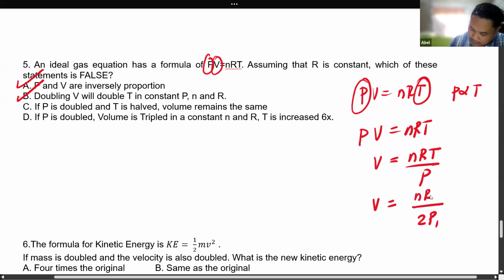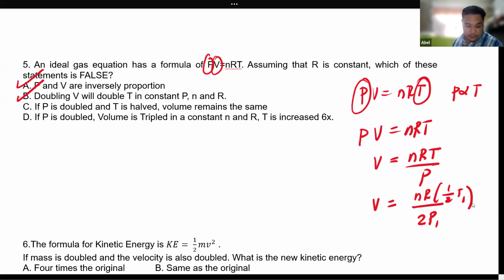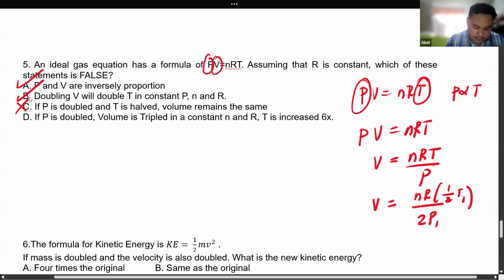So nR and then 1/2 of T1. Now, what is going to happen? The volume remains the same? So no, it's wrong, right? Because the volume is going to be 1/4, right? So the volume is going to be 1/4. So letter C is wrong.